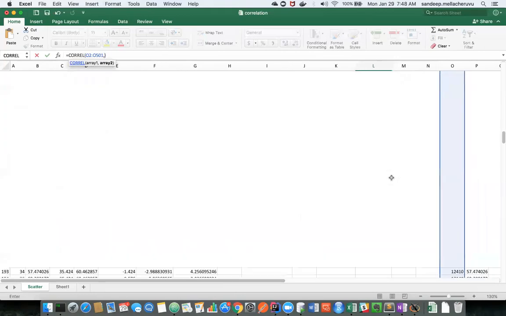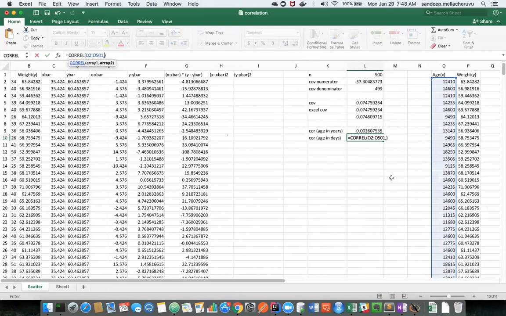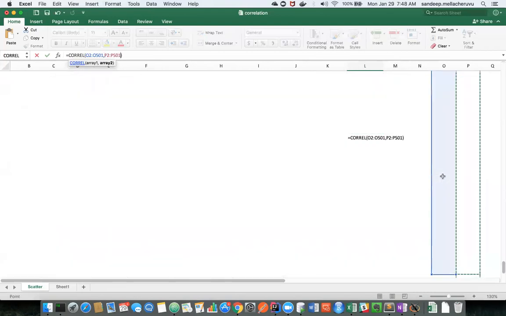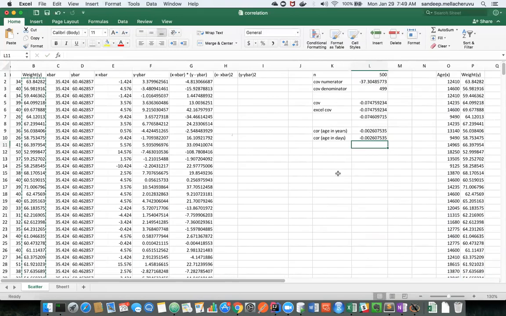The first variable and comma second variable. Both are the same.